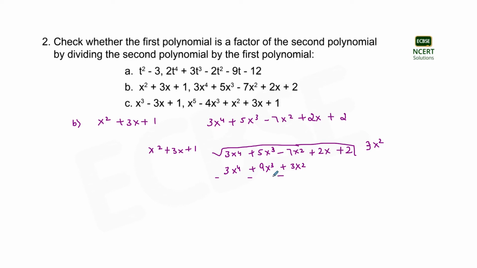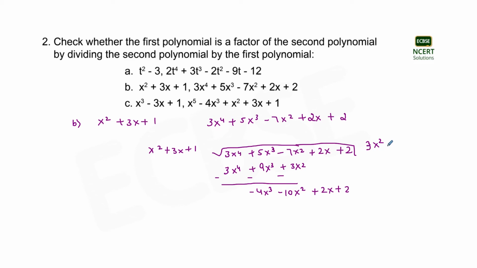And now changing the sign, we will obtain minus 4x raised to power 3 minus 10x square plus 2x plus 2. Again the degree of the dividend is greater than the degree of the divisor, so again we need to repeat the steps 1 and 2.